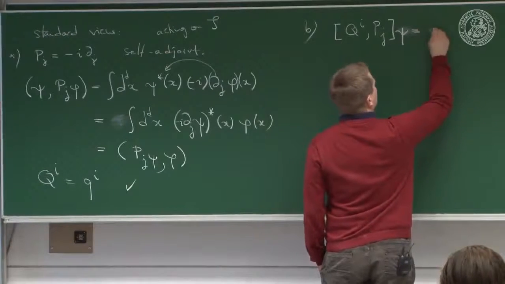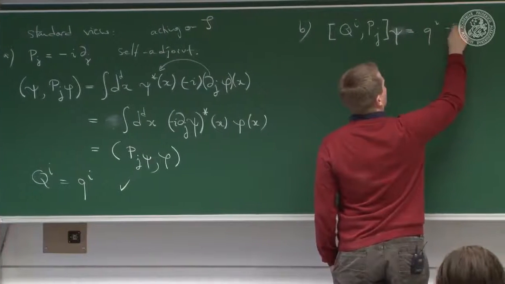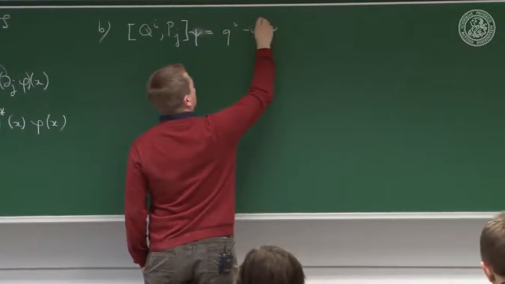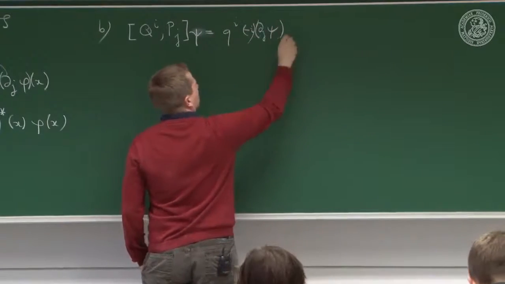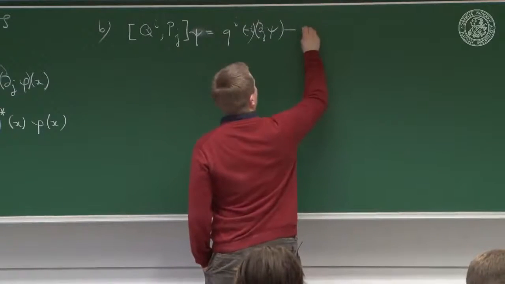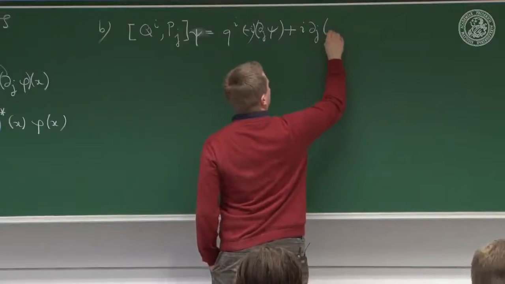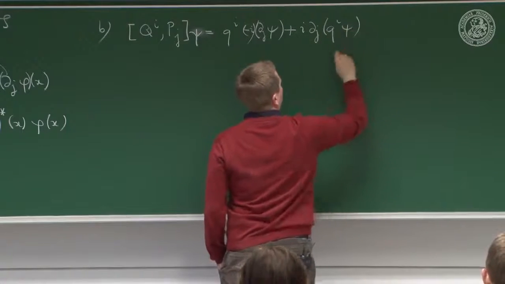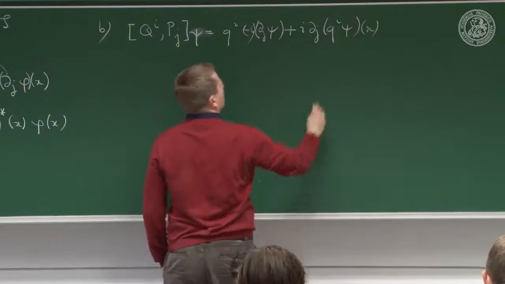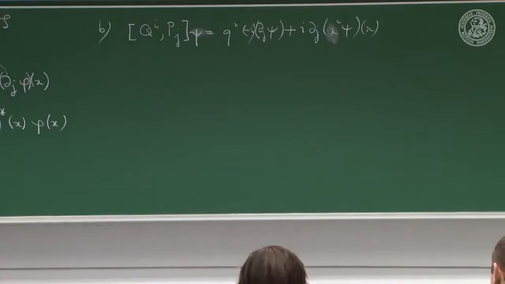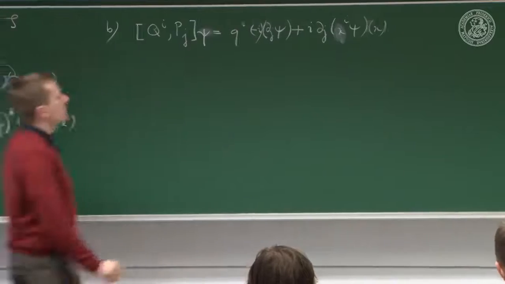Then you get Q_i minus i del_j acting on psi, minus, so plus i del_j Q_i acting on psi of x, sorry, I called these guys x.